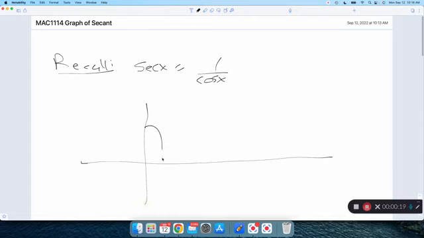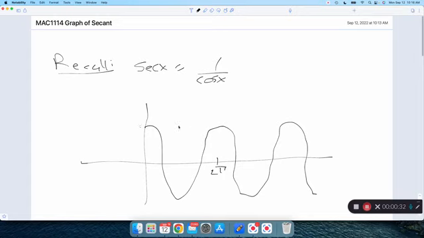If we were to graph, say, a couple of periods of cosine, we know what the graph of cosine looks like. You should be good at this by now. This is 2 pi, one complete period from here to here, making this halfway spot pi, and this first x-intercept pi over 2, and here's 3 pi over 2.